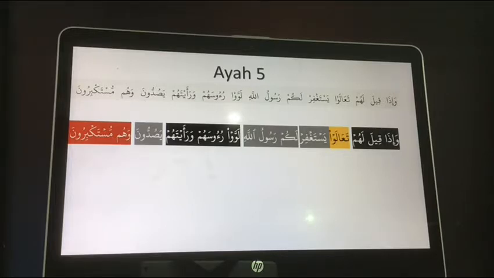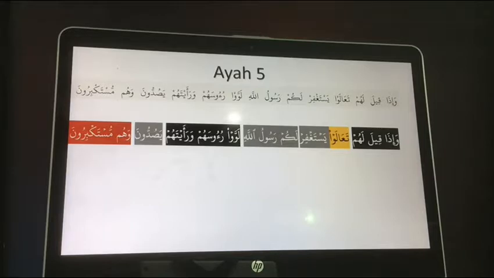Hum here is the rafa, they. Now, is there any relationship between hum and mustakbirun? Mustakbirun means pride takers or arrogant people. Simple as that, arrogant, like kabira, pride. Okay. So mustakbirun and hum, is there any relationship between these two words? Any linkage there?